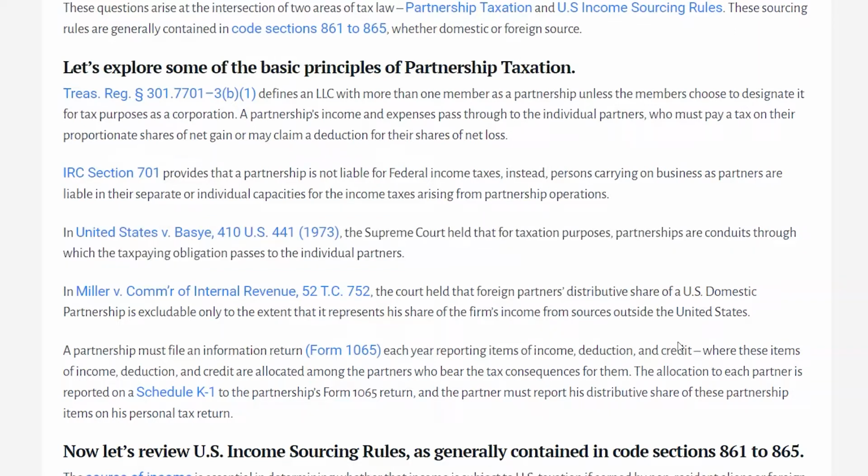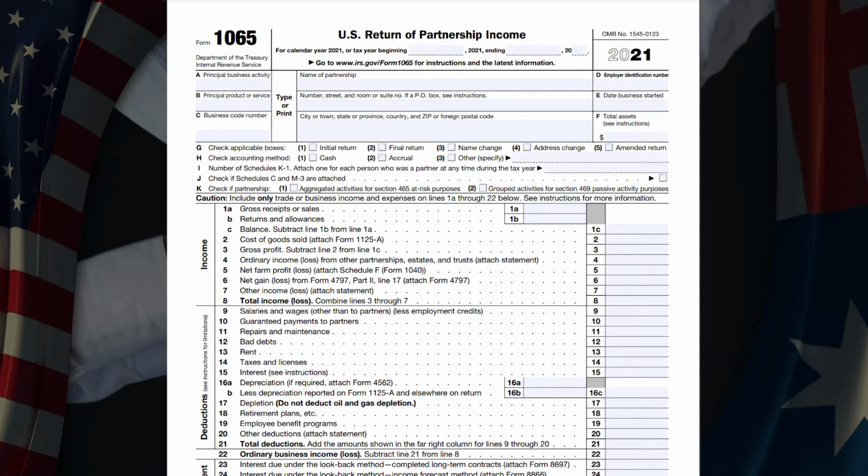So once again, this means that the partnership itself is not taxable, but the partners use the partnership as a vehicle to conduct their business. And once that vehicle is parked, whatever is in the vehicle belongs to the partners. So a partnership does not pay income taxes, but it still has to file the 1065, which is an information return.